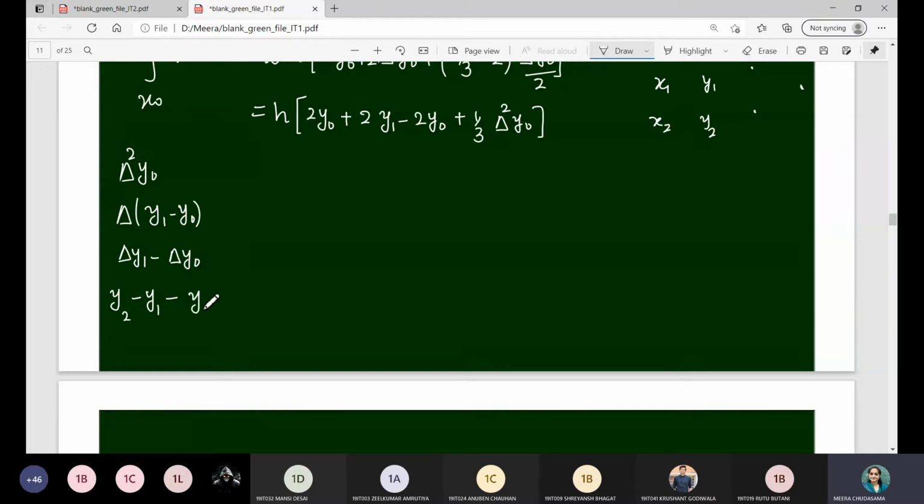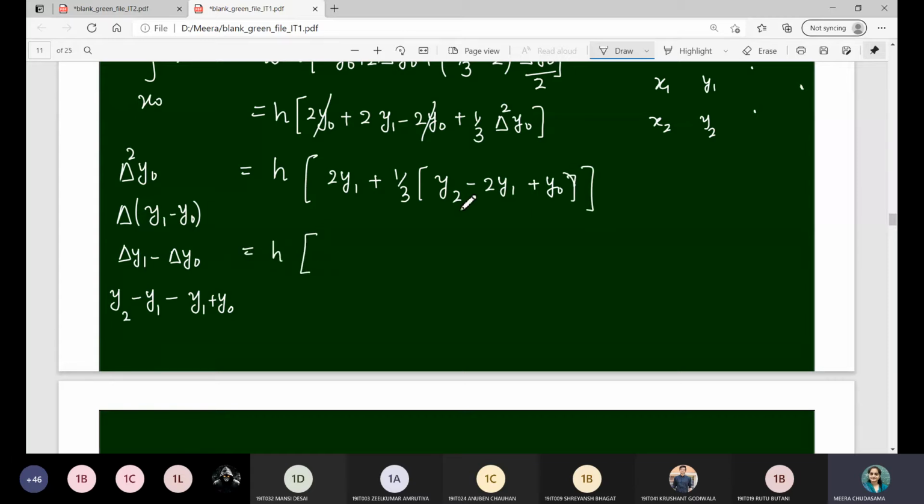And delta y0 is y1 minus y0, because of the negative sign. So this is y2 minus 2y1 plus y0, right? So let us substitute this. 2y0 gets cancelled. So this is 2y1 plus 1 by 3 y2 minus 2y1 plus y0.